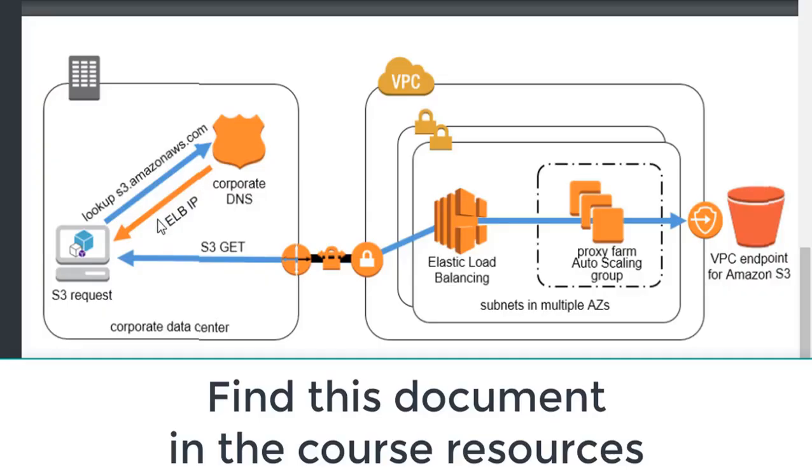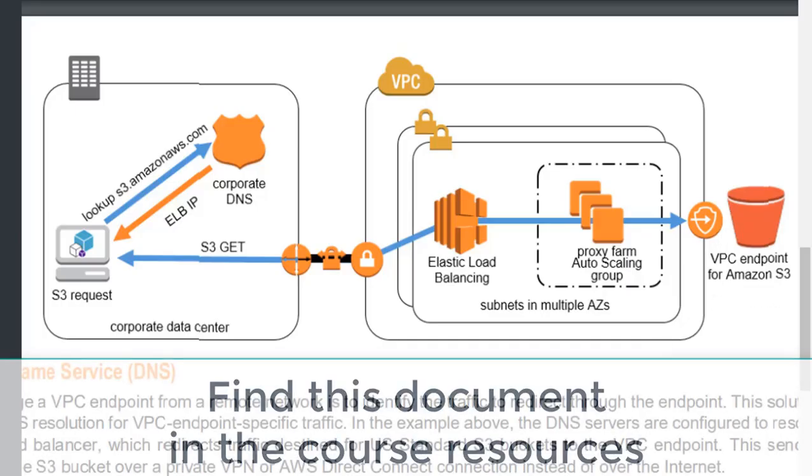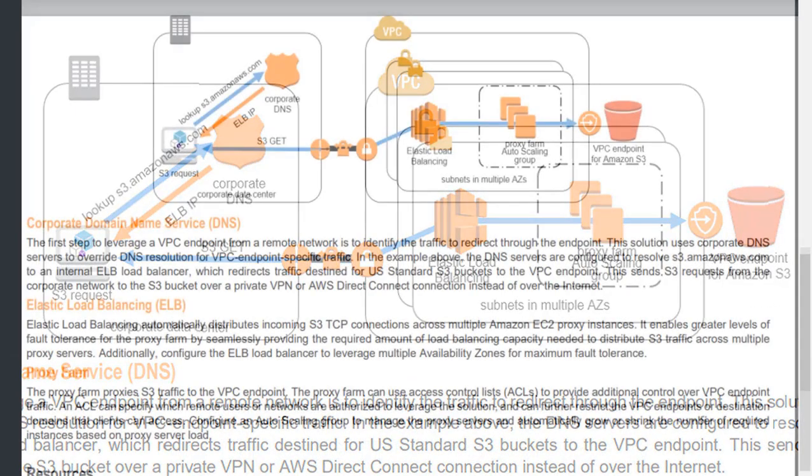But what we want to do is direct those S3 GET requests over our VPN connection here. And we're directing them into this VPC that we have a VPN connection to. And that VPC has a VPC endpoint for S3.